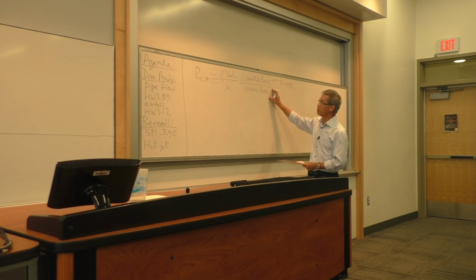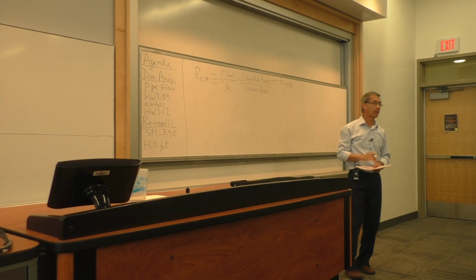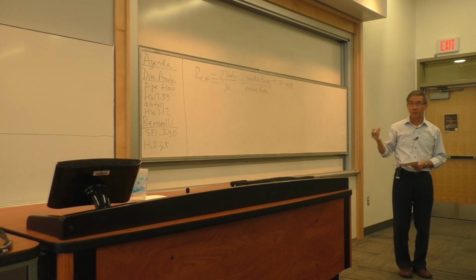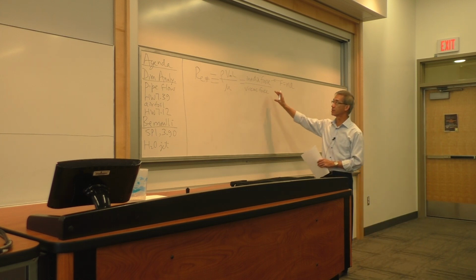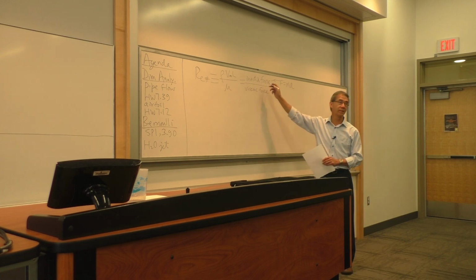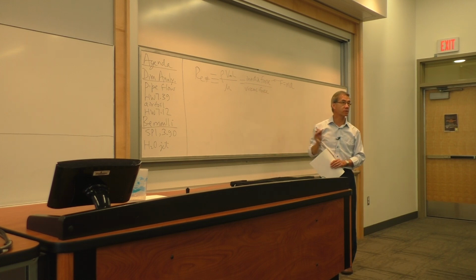I want to set the stage here so that later on when we talk about viscous effect and boundary layer, which we have a dream of what it is, the Reynolds number allows us to have a mental picture of these two competing effects. When the Reynolds number is very small, where have you seen that? In the pipe flow.